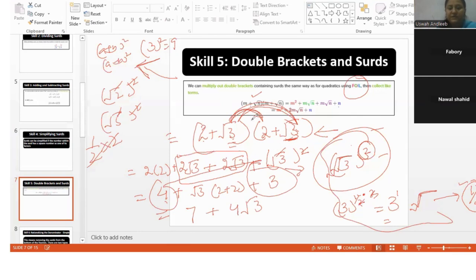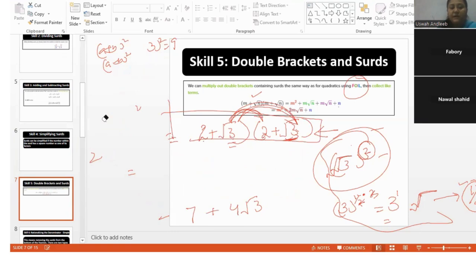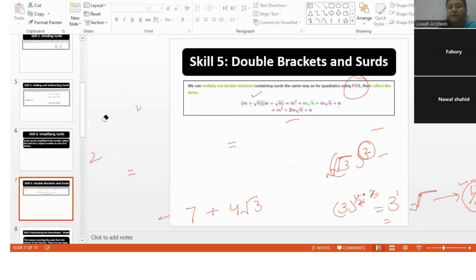So in actual, the answer to the question that I have written over here, 2 plus under root 3 times 2 plus under root 3, if I erase all the working in between, the answer is 7 plus 4 under root 3. So whenever any bracket questions are involved, we solve them using the FOIL rule. Just multiply all the terms together and compute the answer.